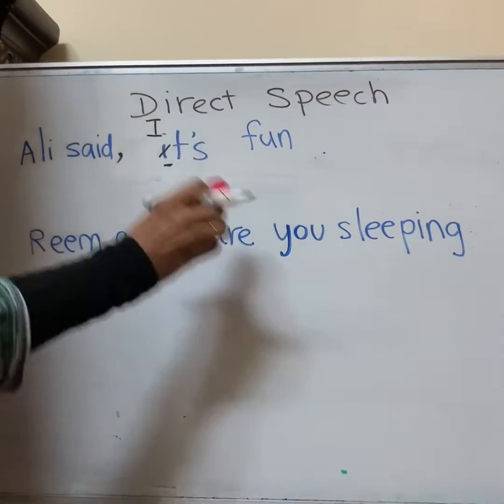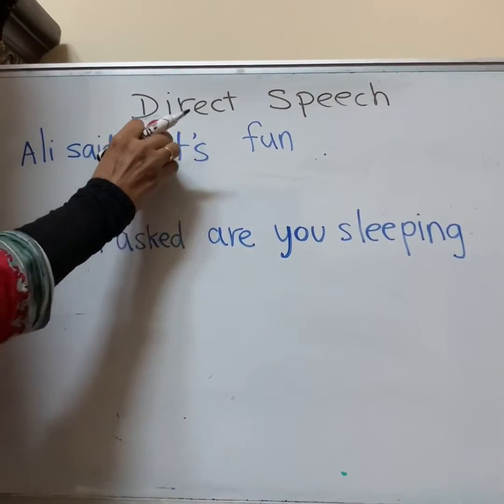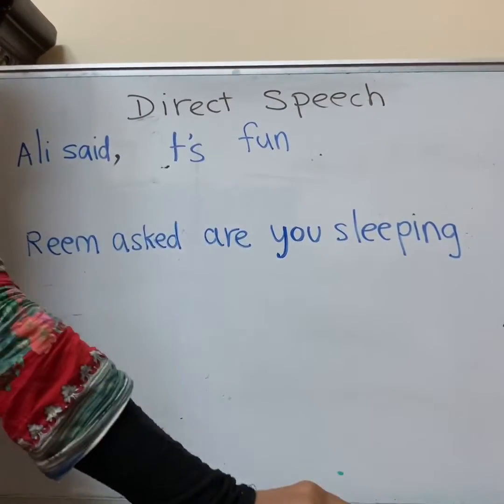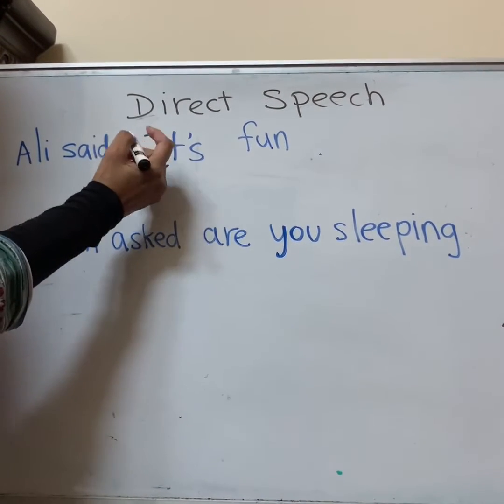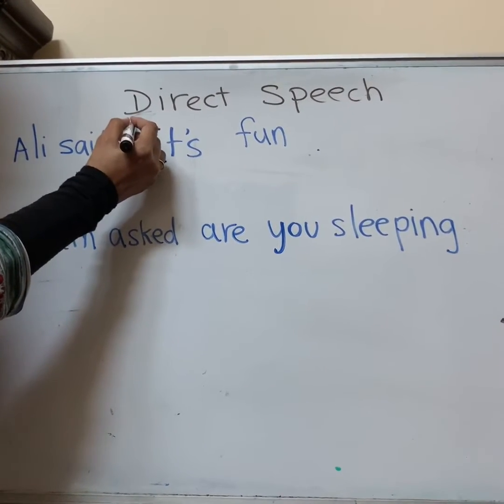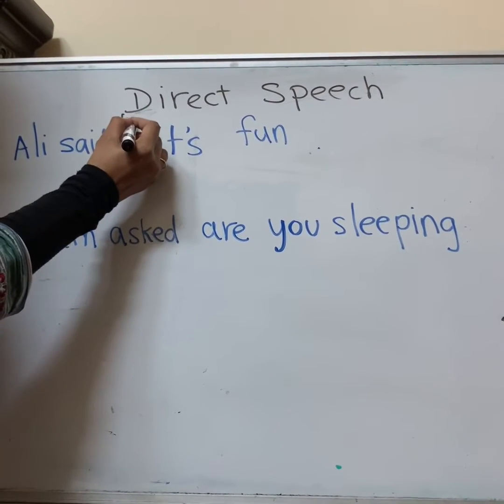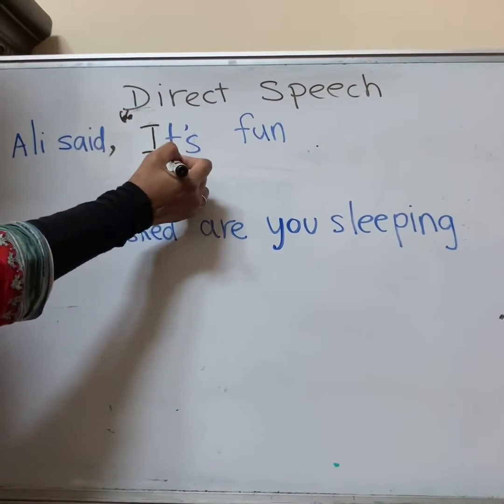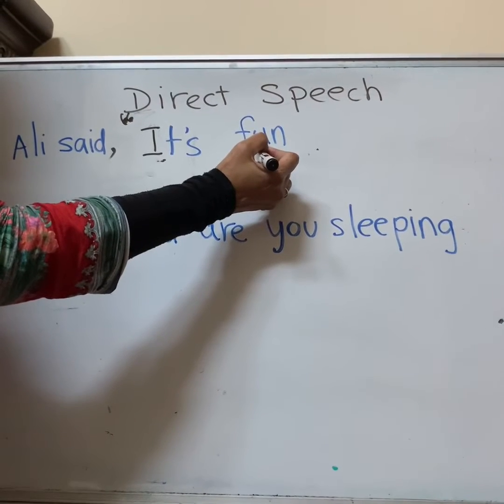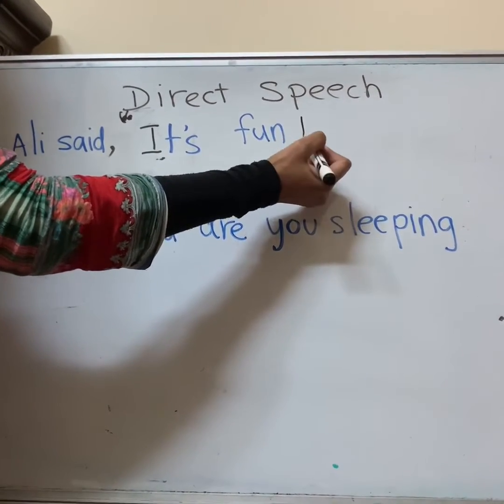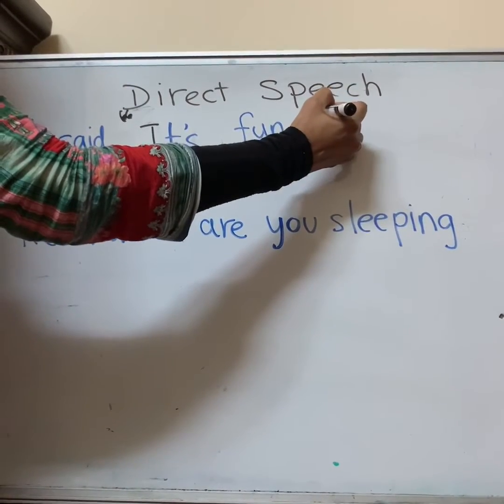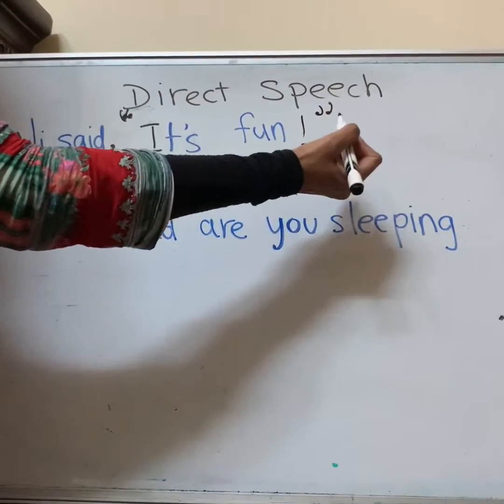Okay, or I'm going to use a different color. Ali said, it must be in a capital letter. And I'm going to open the speech marks because it is said by Ali. Ali said, it's fun. It's an exclamatory sentence. So, it's fun. And I'm going to close my speech marks.